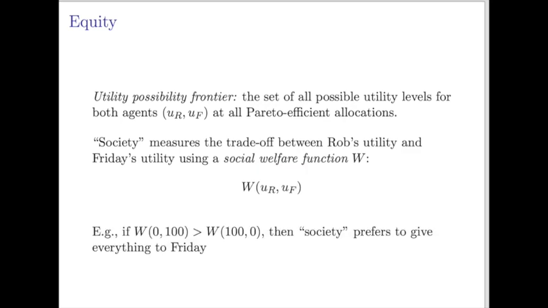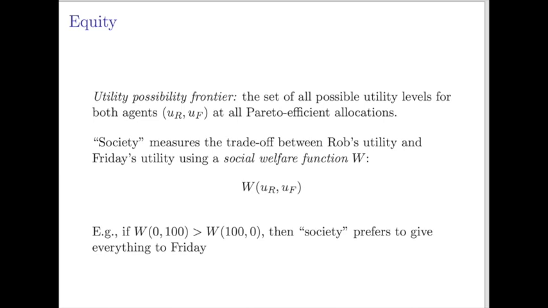Right? So when we say social welfare function, think of this as there's a person who is responsible for society, or an individual whose preferences reflect those of society, and this person has a preference over how the utility is distributed among the different consumers.